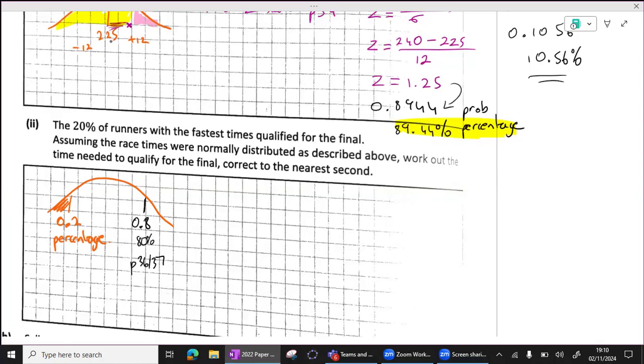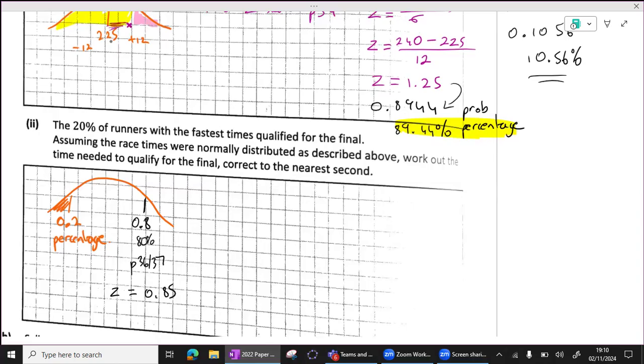Okay, it's not there exactly, but close enough. You could either use 0.84 or you could use the 0.85. I'm just going to go with the 0.85 because it has the 0.80. So my z-score that corresponds to that is 0.85.